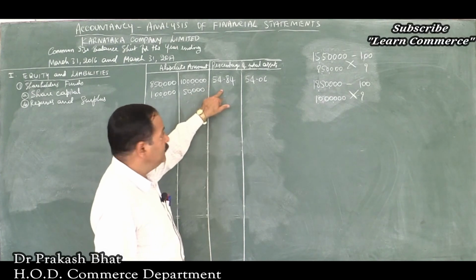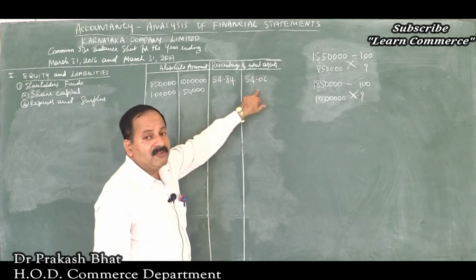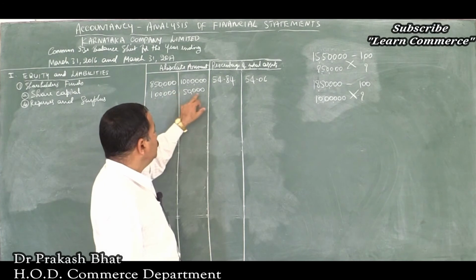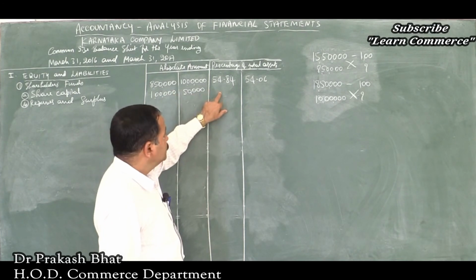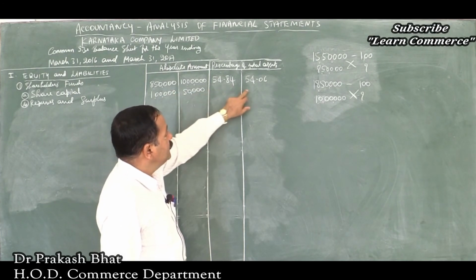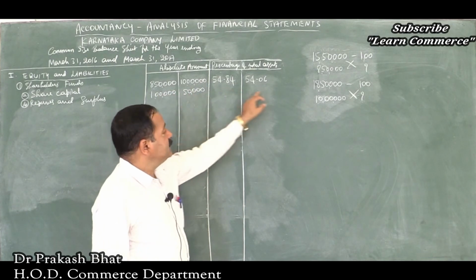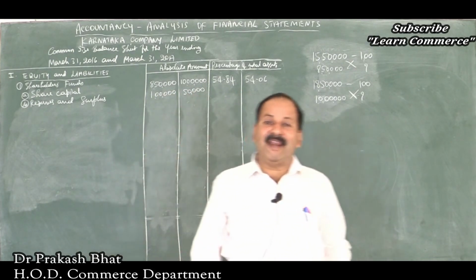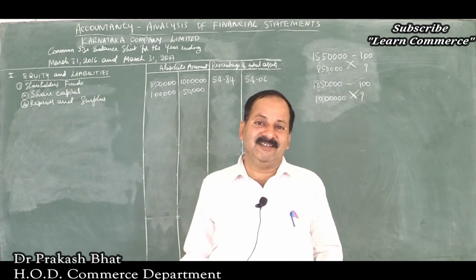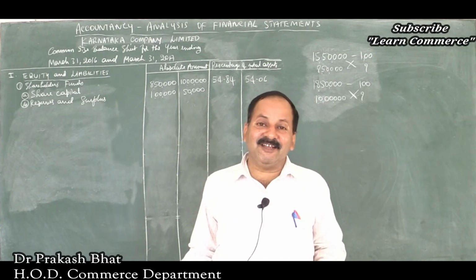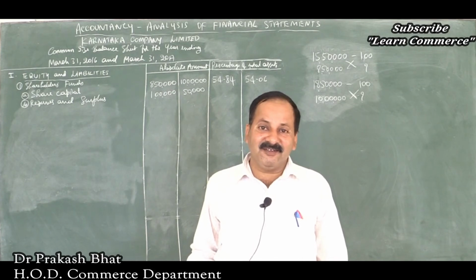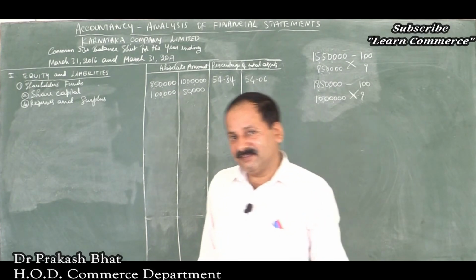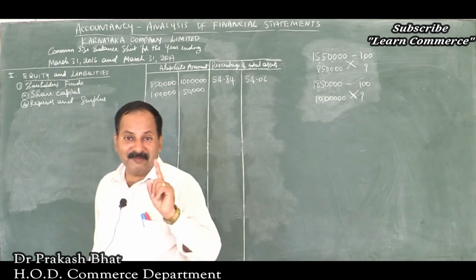We will write here, then we will derive how much is the percentage. For this much amount, this is the increase. So for 100, how much? We will move like this horizontally, so it is called horizontal statement analysis. Very simple. You understand the meaning, that is enough. You can easily write it. Horizontal statement analysis.